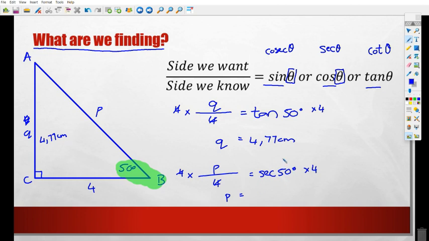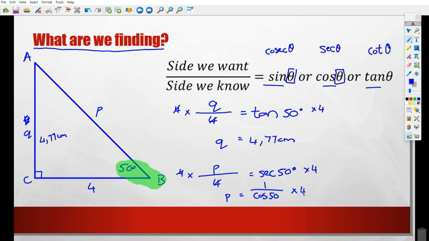Now look on your calculator and go find sec. I don't have sec on my calculator, so how can I rewrite sec? If you don't know what I'm talking about, please go and watch my first video on trig, then you will know what to do here. Instead of writing sec, I can write 1 over cos of 50, multiplied by 4.